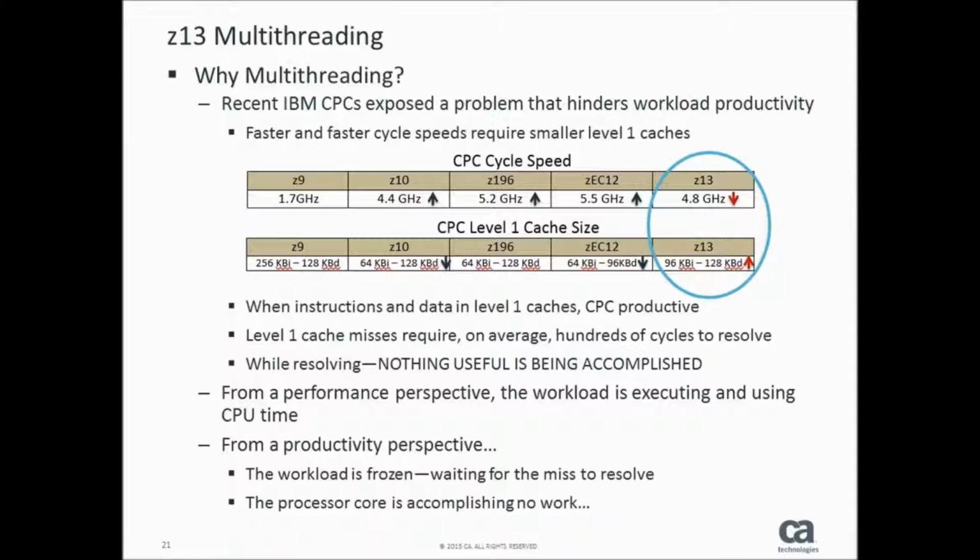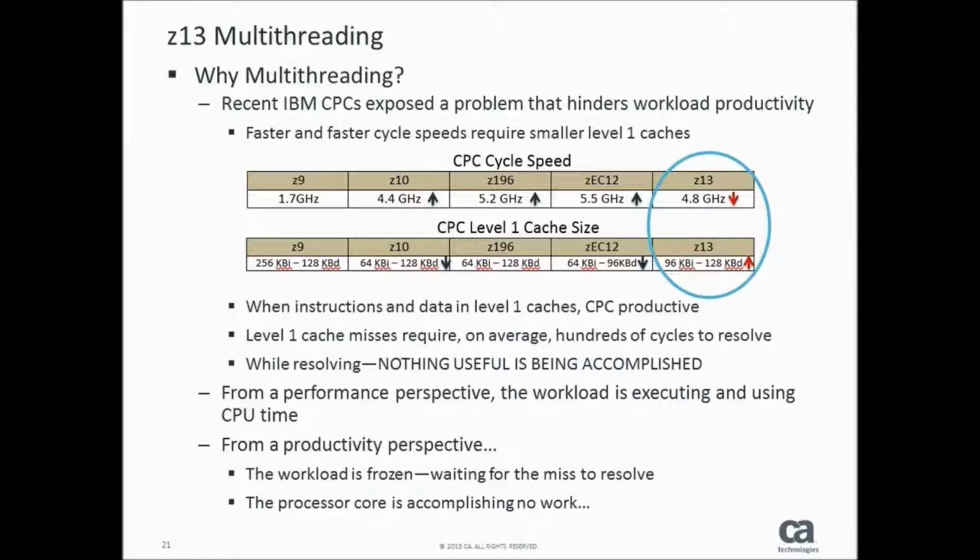And just the bullets real quick. When it finds what it needs in the level 1 cache, the machine is humming, boom, boom, boom. But when there's a miss, on average, it takes hundreds of cycles to find the item that it needs, the next instruction or data.